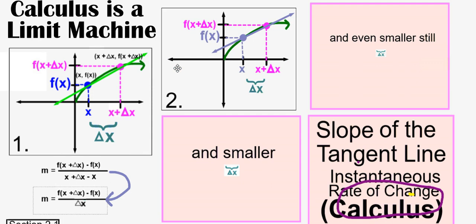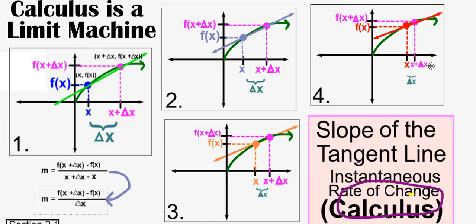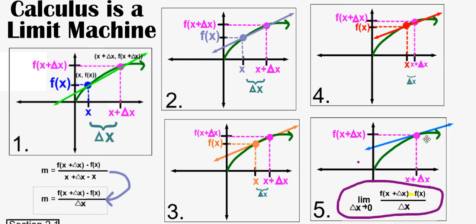So the length of delta x has become smaller, and then even smaller, and even smaller, until it is the same, right? I know we say delta x is approaching 0, but it got so close to 0 that visually we couldn't tell. And so when we're looking at the slope formula as a limit, where delta x is approaching 0, it gives us the slope of the tangent line, which is, as we know, extremely cool.